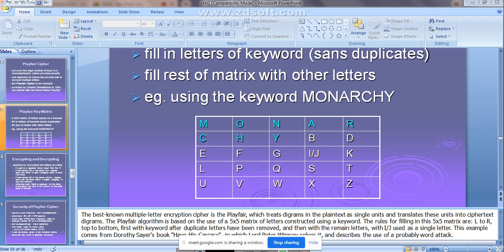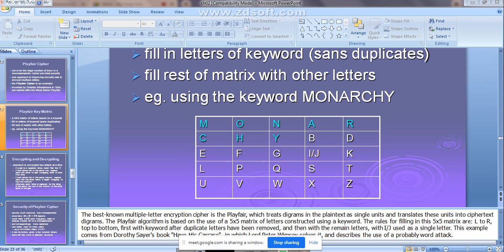Now if I consider the letters M, U, where are they present? Same row or same column? First column. M is present here, U is present here. Then how do we do the replacement?